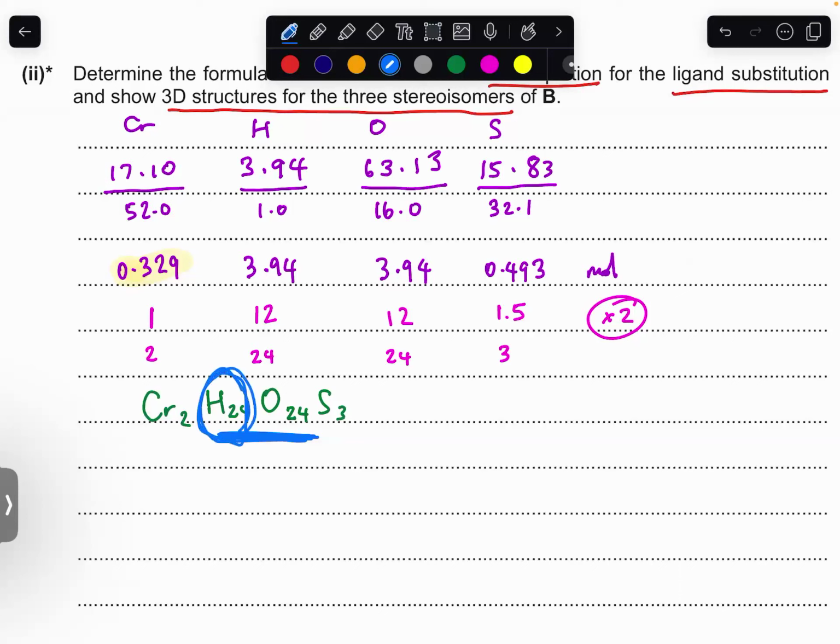That would be 12 H2O. That will leave us with a leftover S3 and O12. If we divide that by 3, that gives you SO4, so we're dealing with a sulfate.